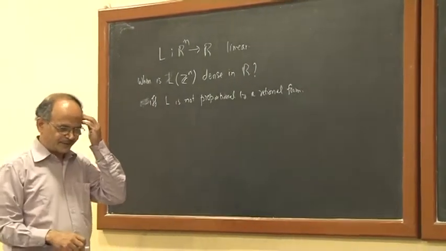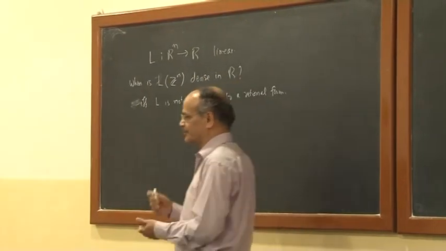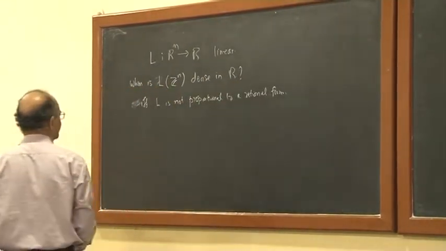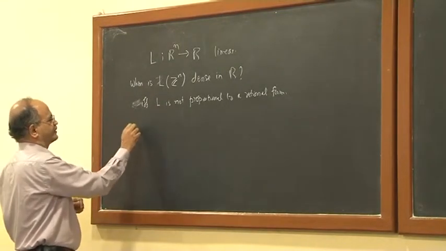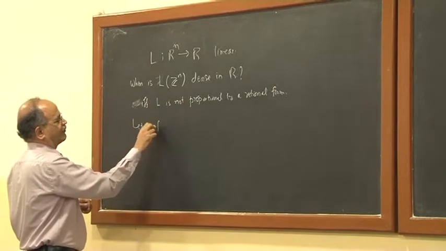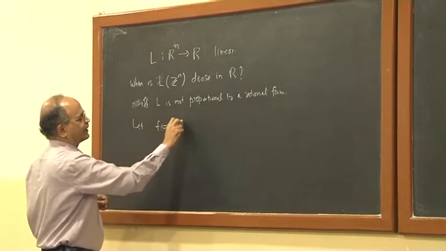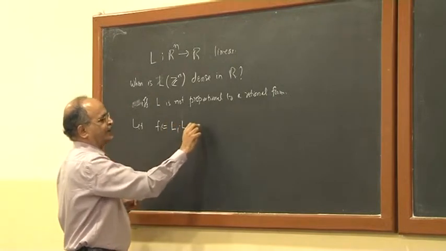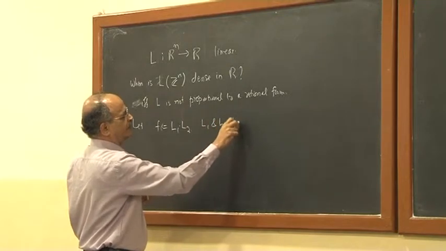The next thing, usually in this line, people start talking about quadratic forms, and then go to the Oppenheim conjecture and so on. But I just want to consider f equal to L1 times L2, where L1 and L2 are linear forms.